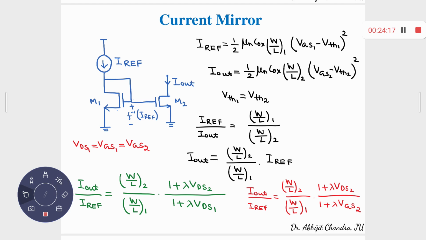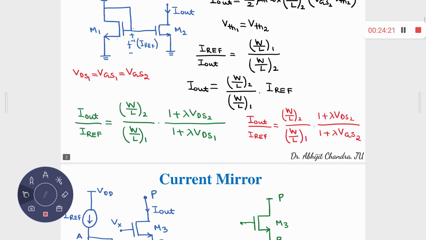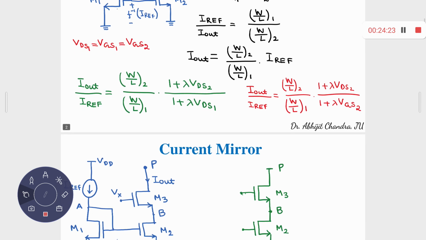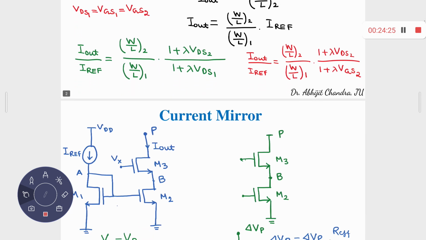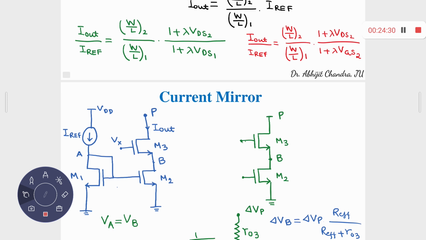Now we move to a little bit more complicated circuit. Don't be afraid of this. What we have done, as of now, we have got this circuit.